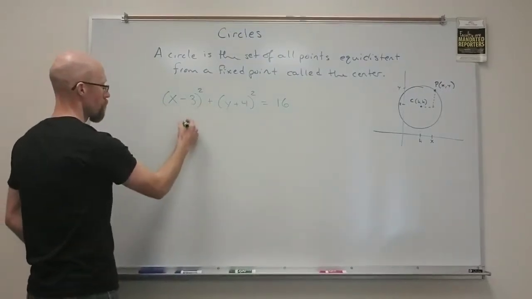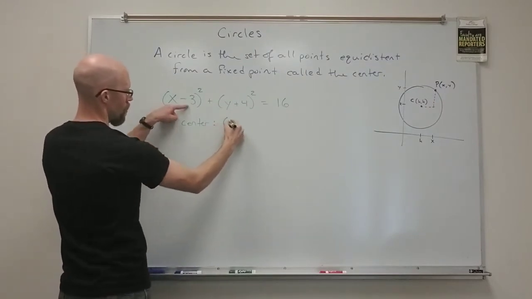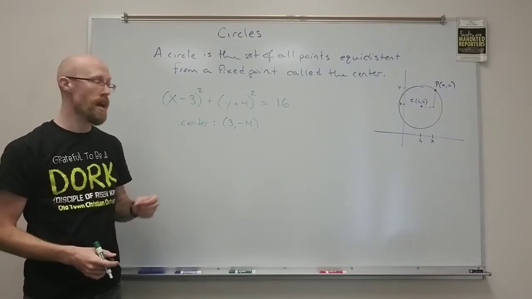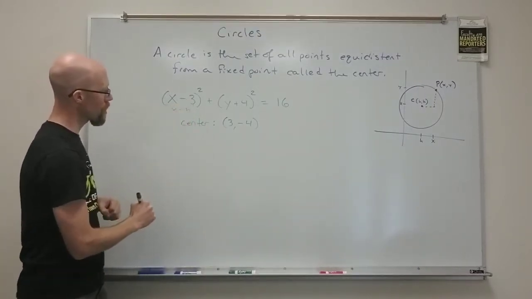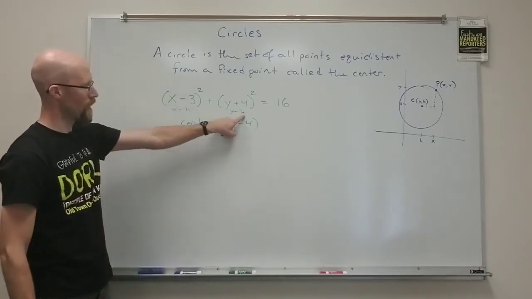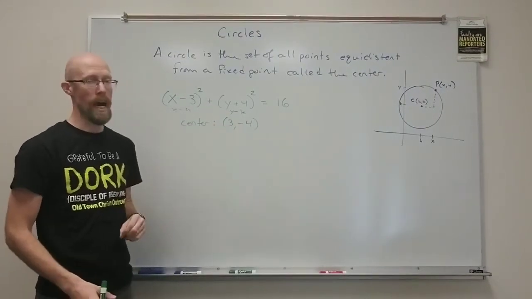So I know from this that the center is at (3, -4). It does need to be the opposite sign of what's in here, right? If this is x minus h, then the h is 3. If this is y minus k, then you need a negative value on the k to get the double negative to make a positive. So you do need the opposite sign there.